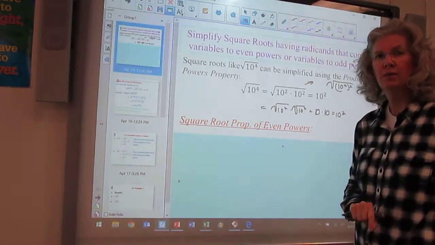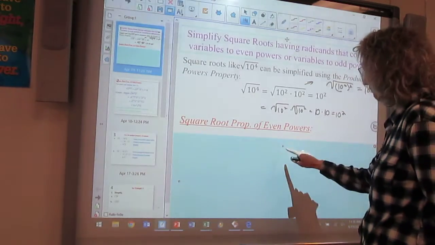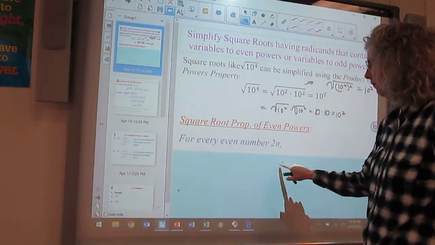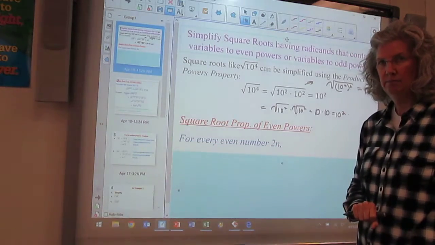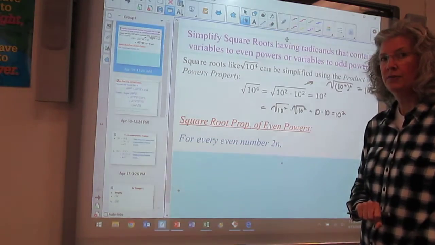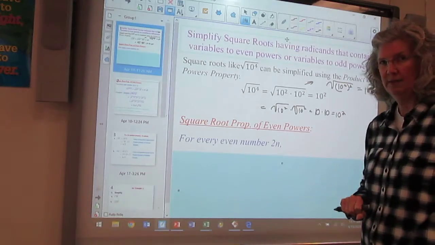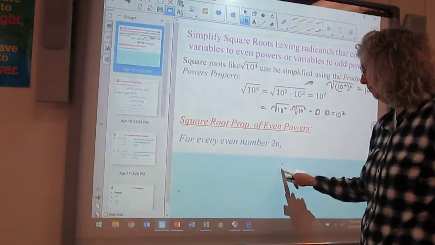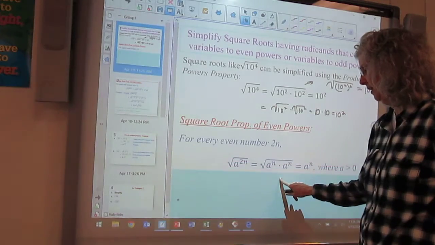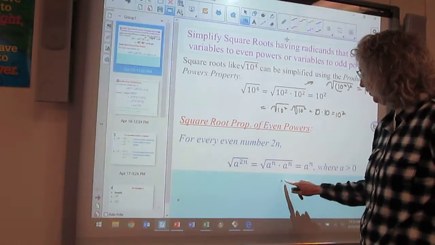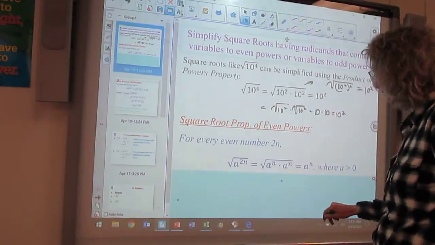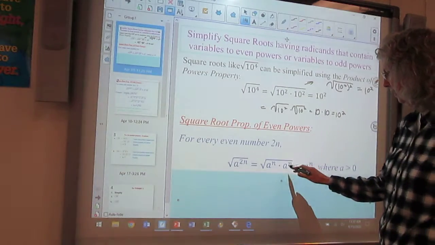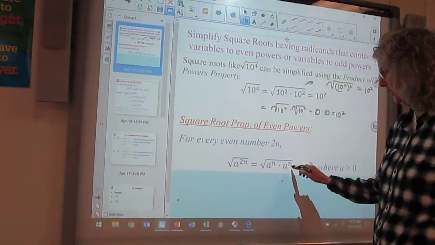Now let's move on to the square root of even powers. For every number 2n, okay, 2n ensures that it's even. Any even number is divisible by 2. For any power that is 2n, the square root of a to the 2n is equal to a to the n times a to the n. These powers add, a to the n times a to the n is a to the 2n.